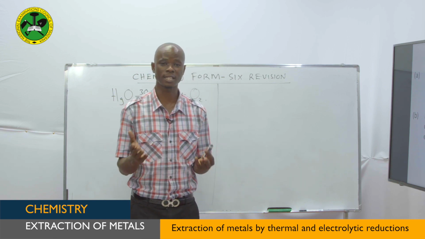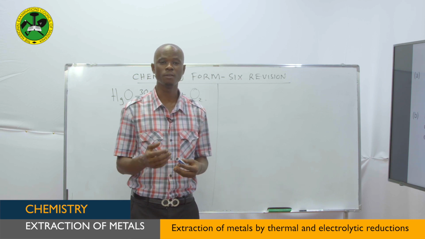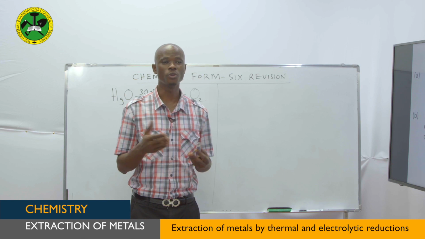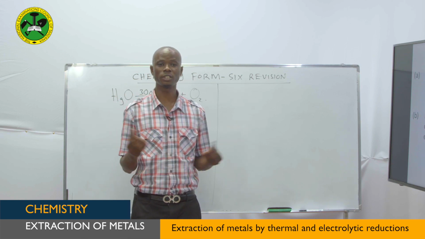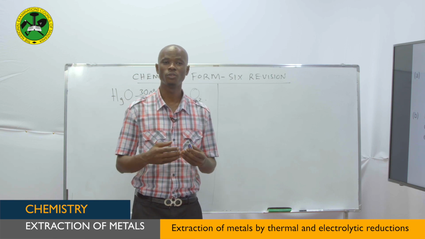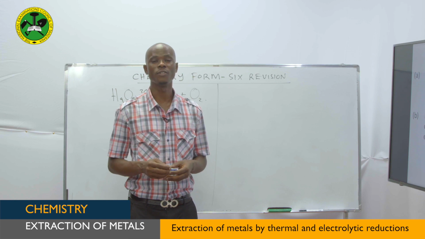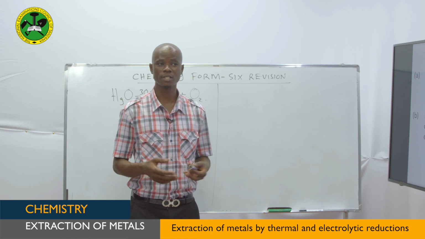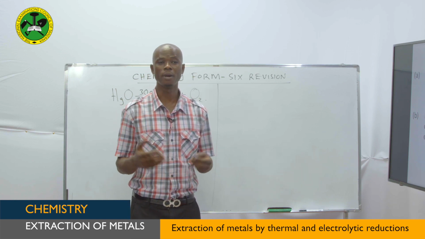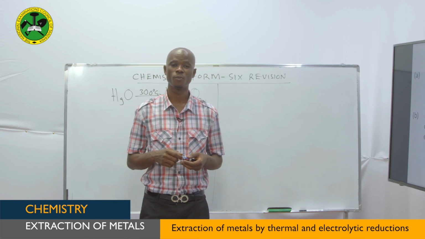For example, hematite, which is iron(III) oxide. You can get iron by reducing that ore using carbon monoxide. Another one is auto reduction or self-reduction. This is done for the sulfide ores. For example, you can obtain copper by auto reduction. We have seen that already in our discussion.